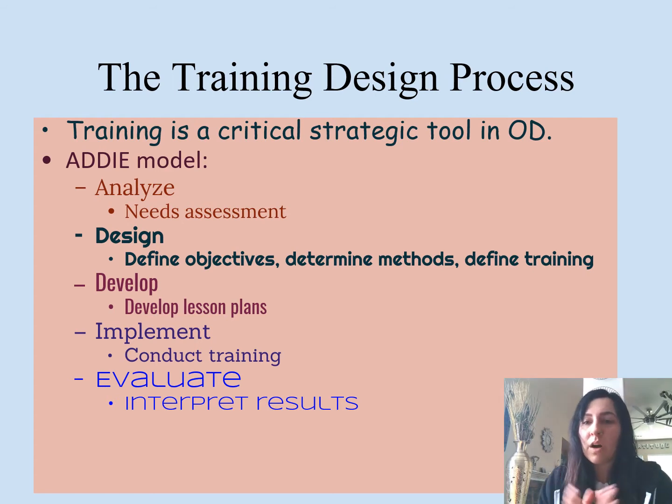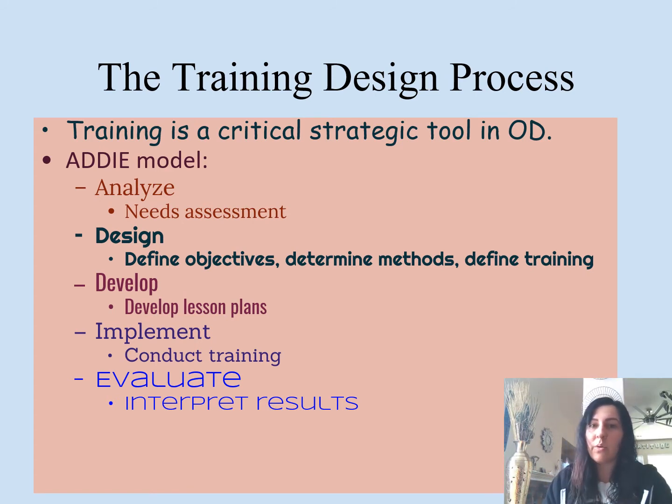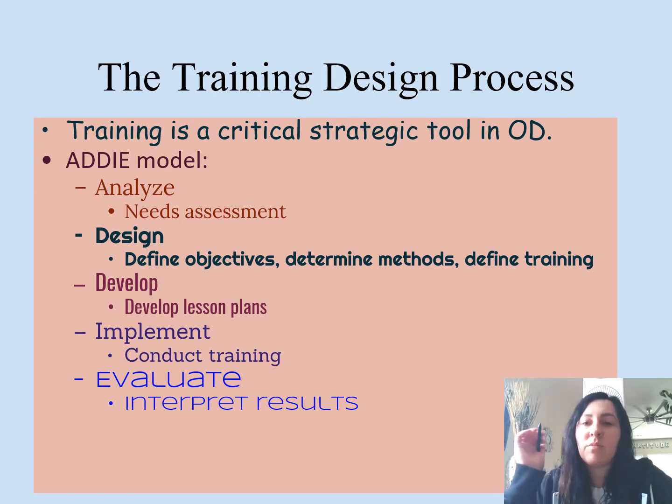Okay, figure out where all the problems are, where all the good stuff is, what's going on with your organization, to take inventory of what's happening, where you guys are right now. Then you want to design. Then the next step is to design. So here you're going to define objectives that you want to focus on, okay.